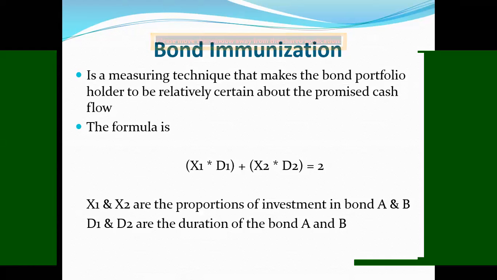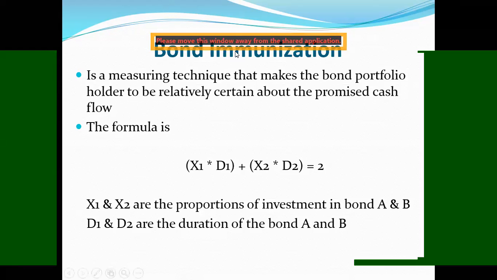And when the rate of interest on these bonds changes, naturally your earnings, in other words your returns, are also going to change. How to make sure that come what may, even if the rate of interest changes, your returns will not get affected? That strategy is called the bond immunization strategy.